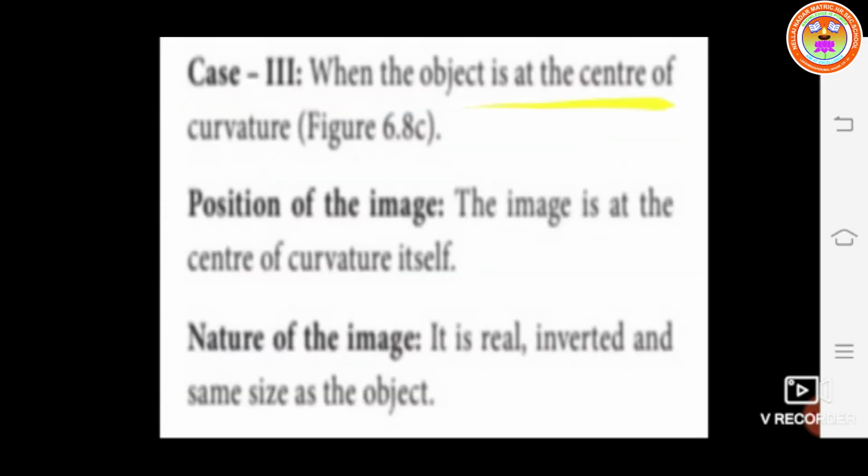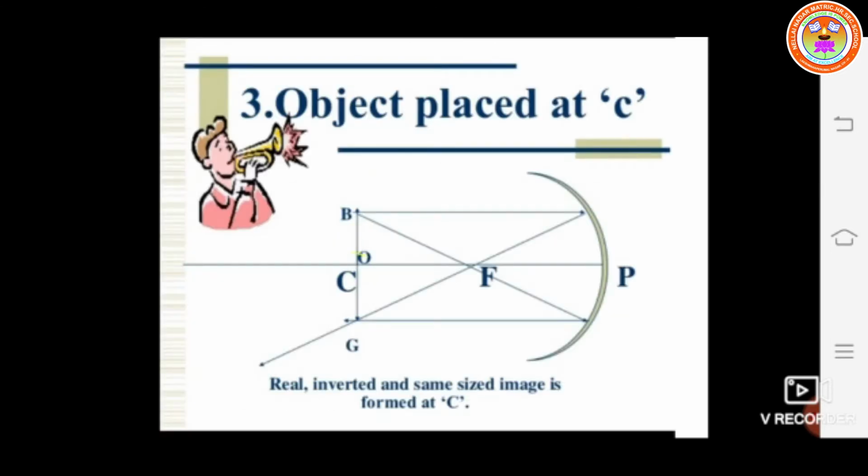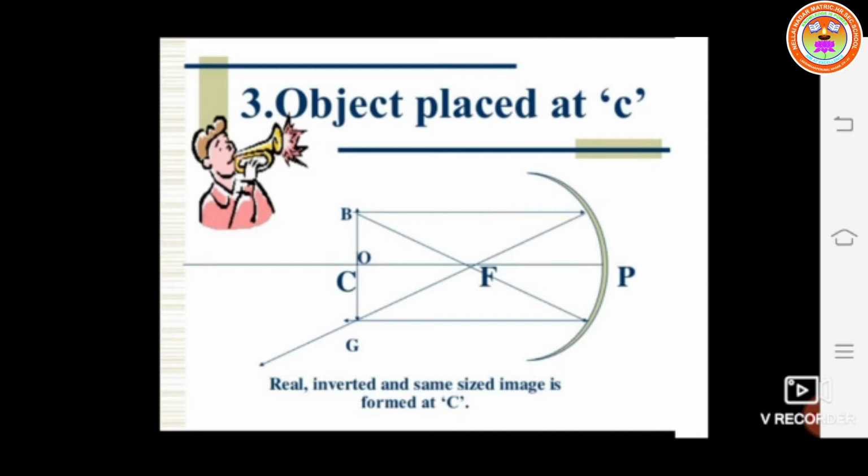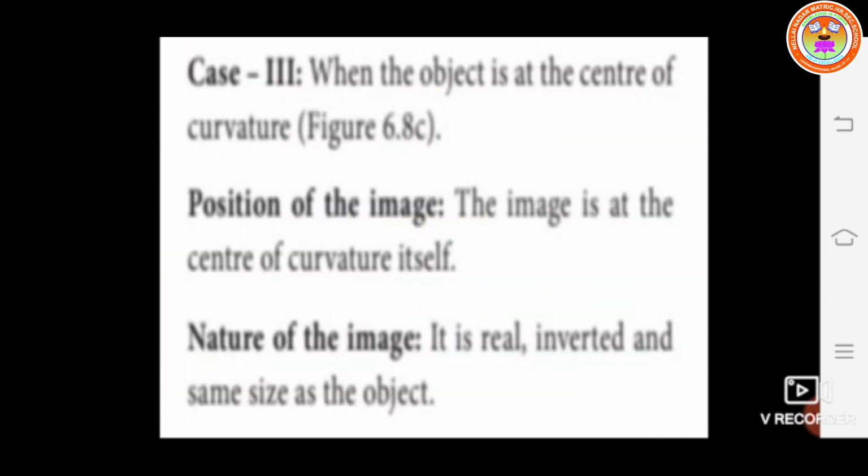Case 3: when the object is at the center of curvature. Here the object is placed at the center of curvature. Okay students, that is not the letter A B; here the object is placed at AB. Here the image is formed at the center of curvature itself.